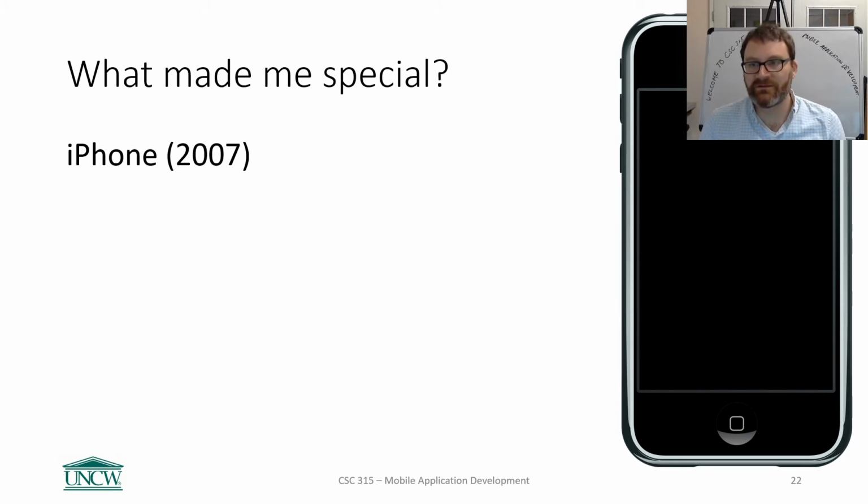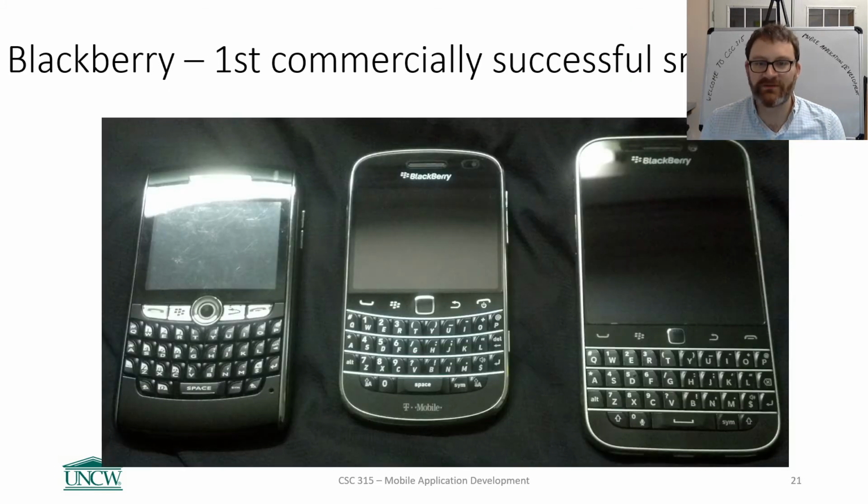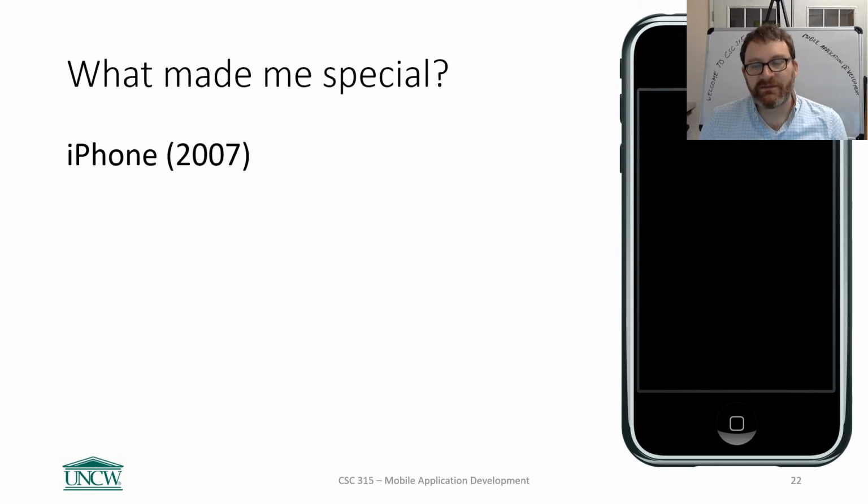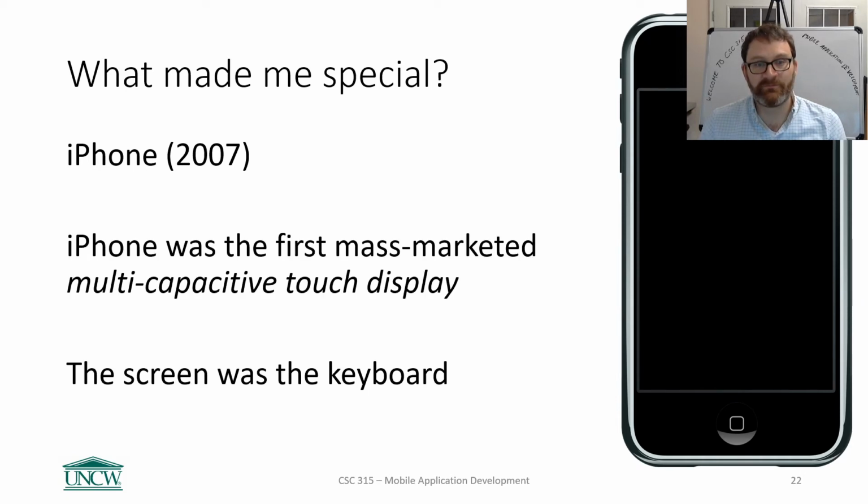Well, what's missing on this picture that wasn't here, but on this picture? Okay. That's right. This is the first phone that was commercially successful that had a touch display. And not only was it a touch display, it was multi-capacitive touch display.